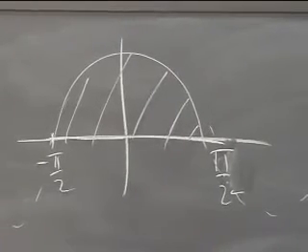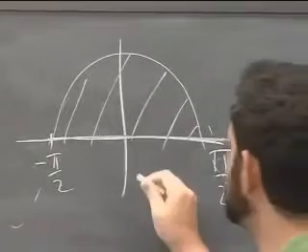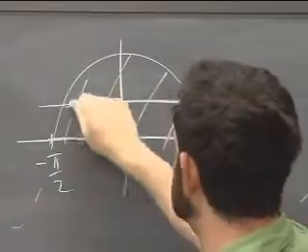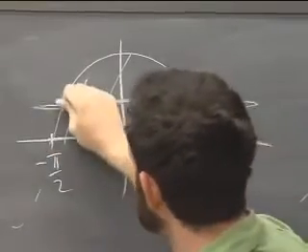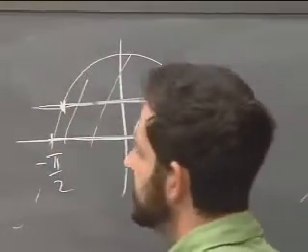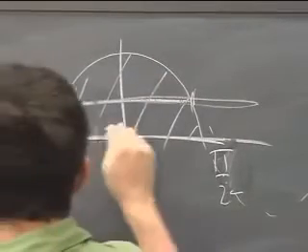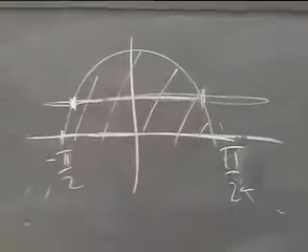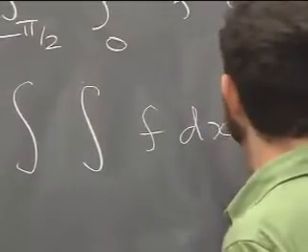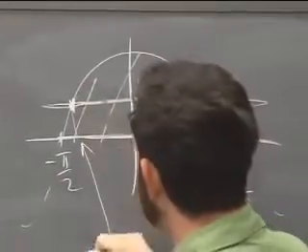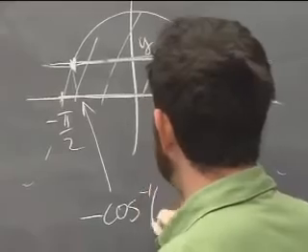Now, how do you reverse it? What you have to do is work out for a typical y. So instead of an x, we're going to take a typical y and work out where it starts and where it finishes. So for a typical value of y, we're trying to do f dx dy here. Where does x go from? Well, if this is y, this x value is minus inverse cosine of y.